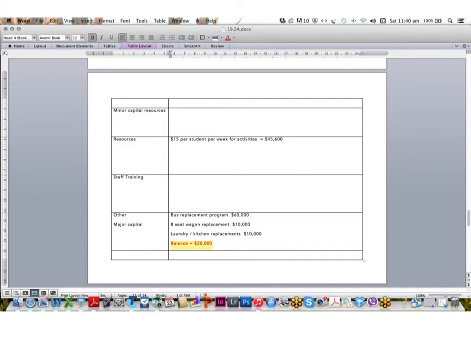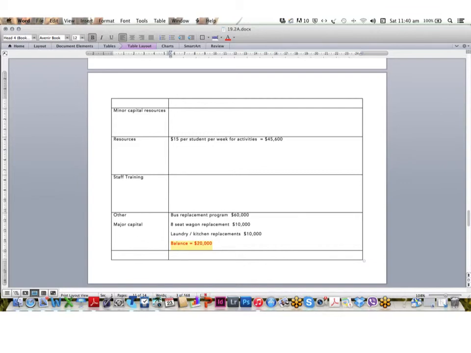Then an 8-seater wagon replacement. They didn't have one at the moment, but they decided that they wanted one, so they were putting $10,000 in to replace that each year. Then $10,000 for contingency items like laundry and kitchen replacements, major things that could go wrong, and that came up to I think $80,000, and that left us $20,000.